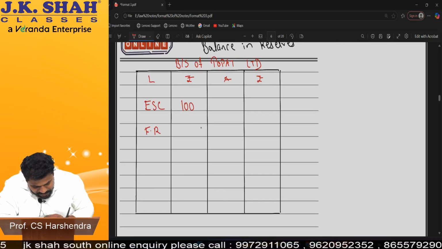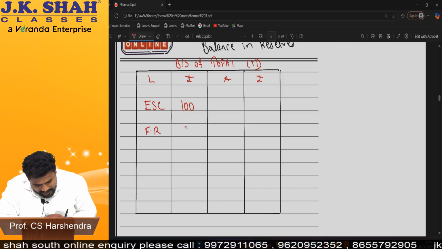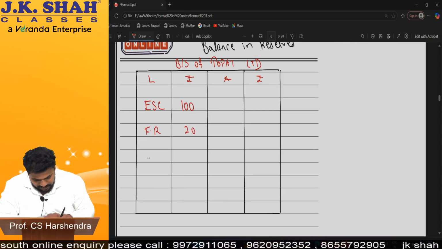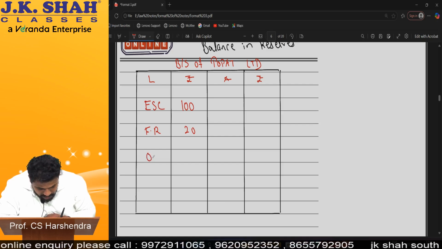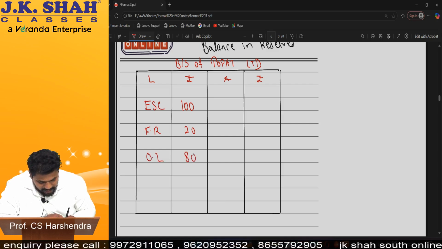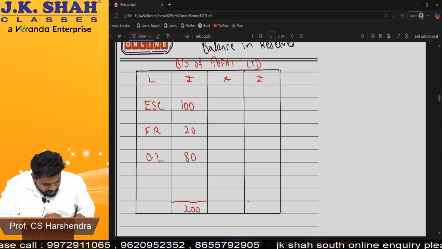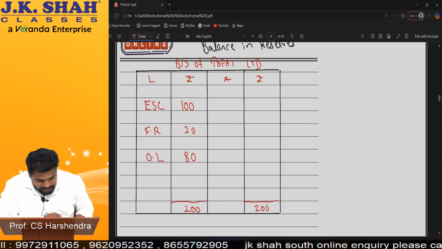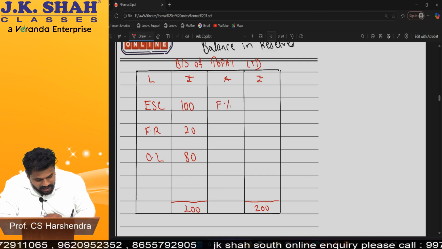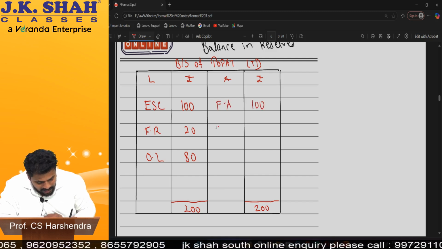Free reserves is 20. Other liabilities is 80. Where will it tally? 200, 200, correct? Fixed asset 100. Cash 100.